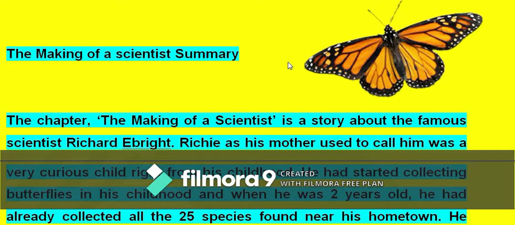This is about a scientist who wanted to experiment and develop in the field of science. He started at a very early age, and his life from middle school right up till college, university, and his discoveries has been mentioned in this reference. You can see one butterfly mentioned over there.